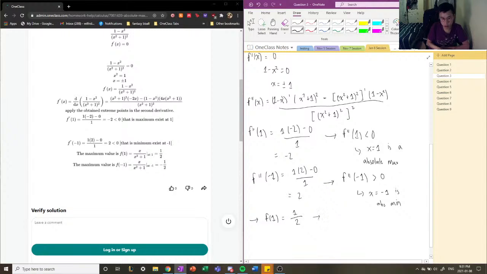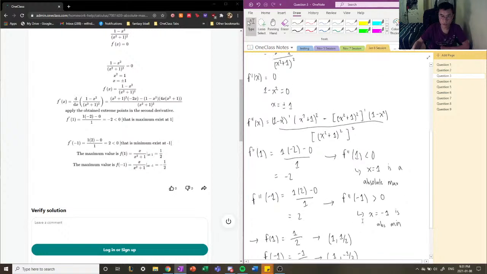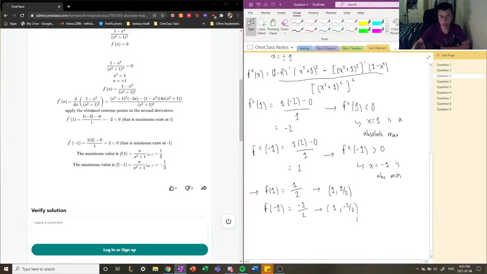So therefore 1 and 1 over 2 is an absolute max. And f of negative 1 is negative 1 divided by 2, which gives negative 1 and negative 1 over 2, an absolute min. Alright, so finally we have our maximums and minimums.